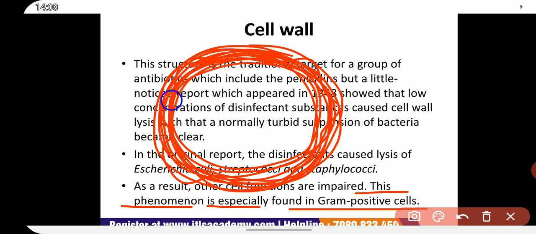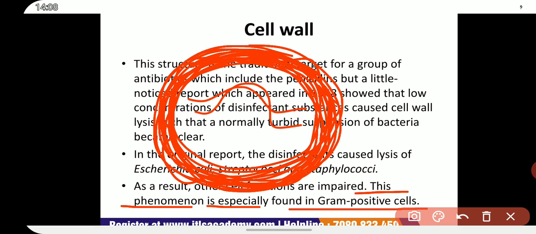If there is lysis of the teichoic acid or peptidoglycan, then the cell wall will be degraded. When there is no cell wall, other functions of the cell that normally occur will stop, and finally this will cause the death of the bacteria.